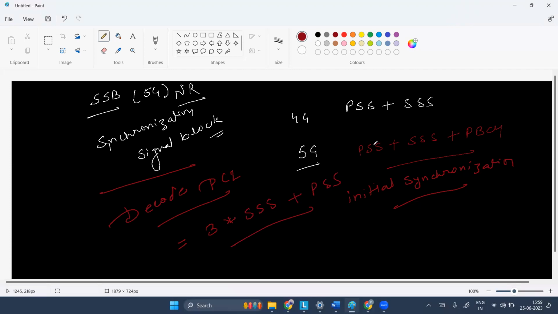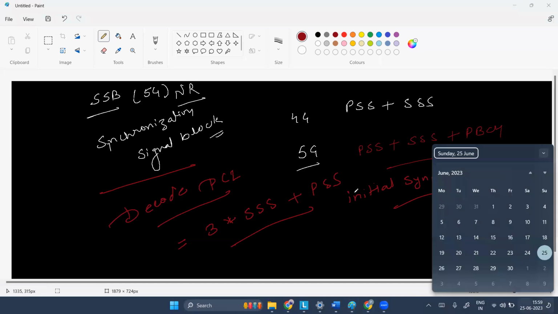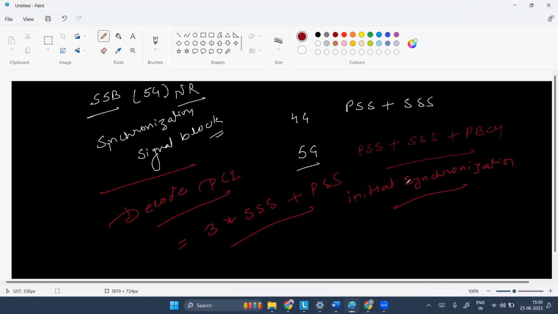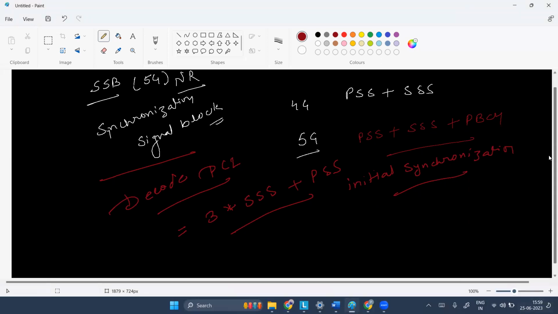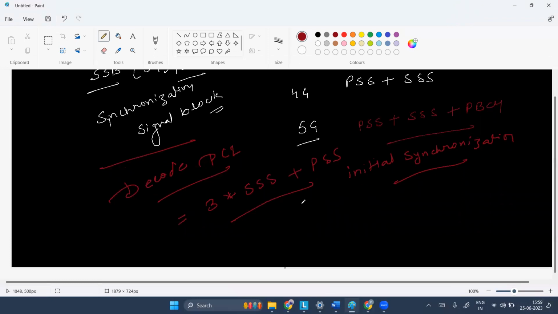If we talk about NR, we have basically 1008 different cell IDs. Okay, how many? 1008 PCIs.